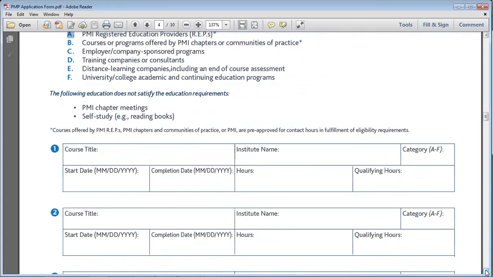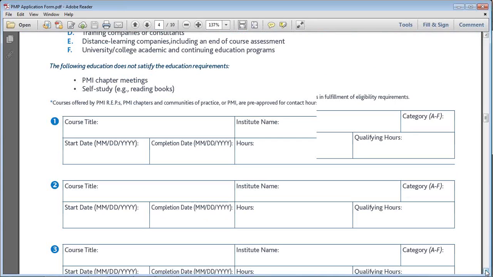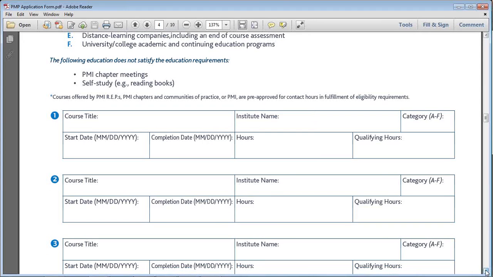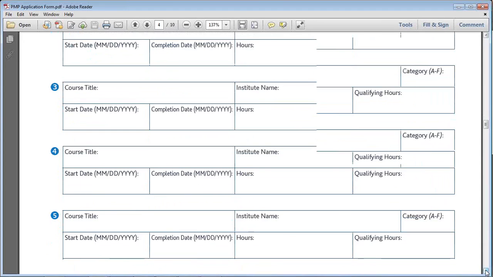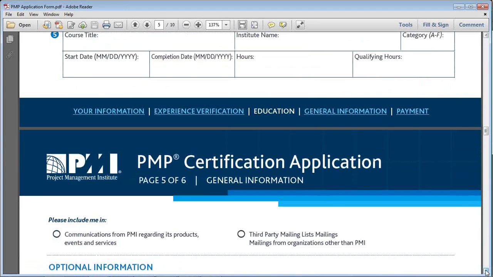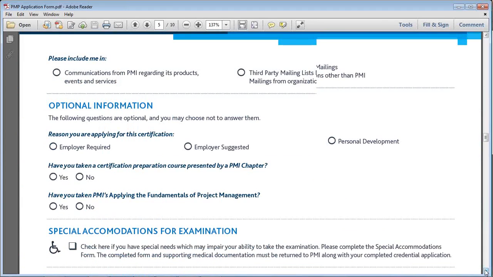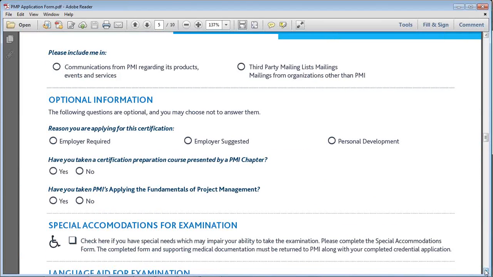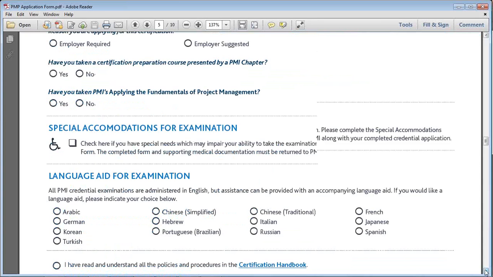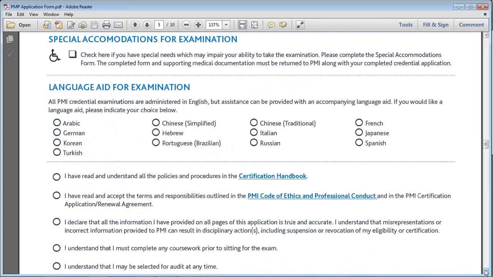And here you actually give all the details of the course. Why is there multiple? Because sometimes you may have smaller project management related courses, not this specific course, and all those together add up to 35 PDUs. And then you have some standard information which needs to be filled up, and then you have to choose the language.